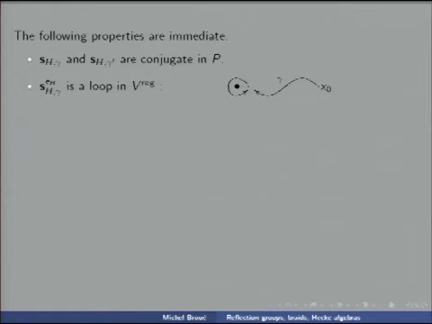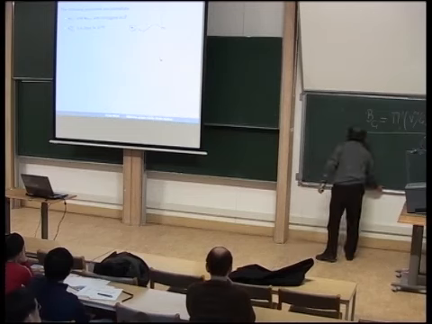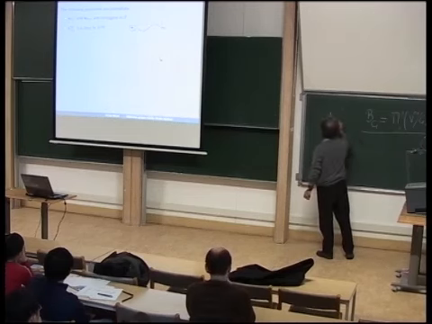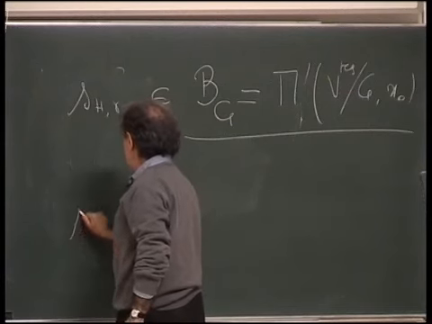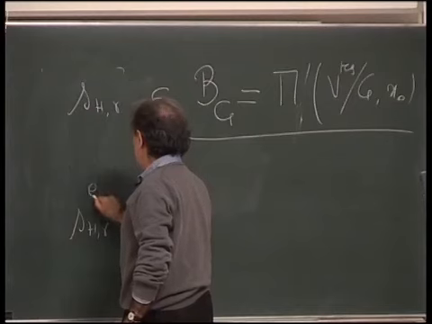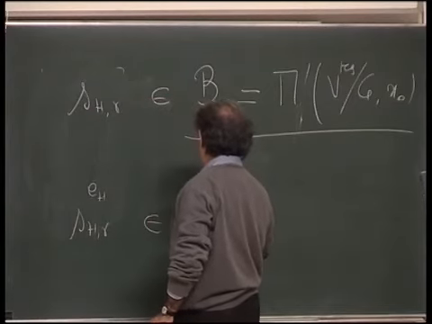So you turn not only by e to the 2 pi over e_H, but you raise it to the e_H power, you turn completely. If you turn completely, the e_Hth power of this element is in the pure braid group. So you have this s_H,gamma, and s_H,gamma to the e_H is in the pure braid group.